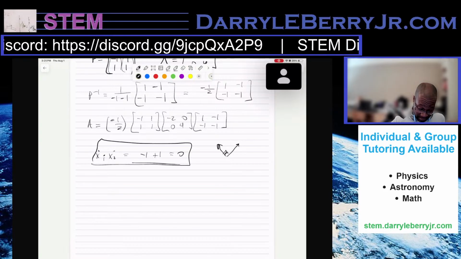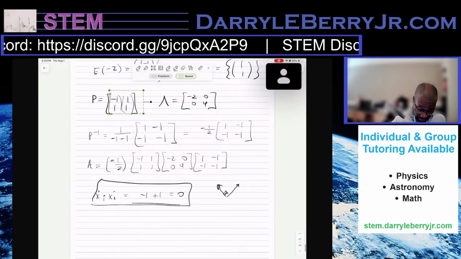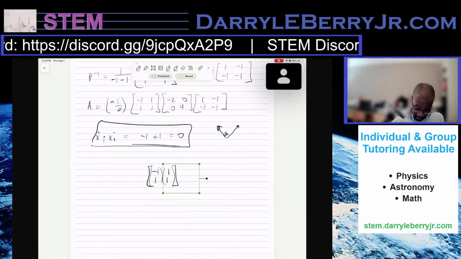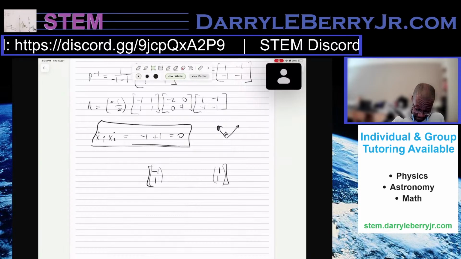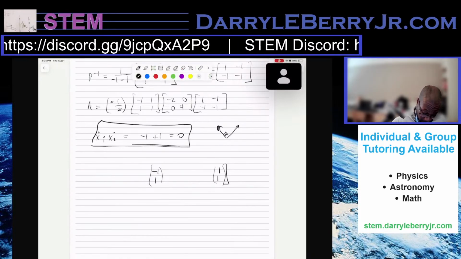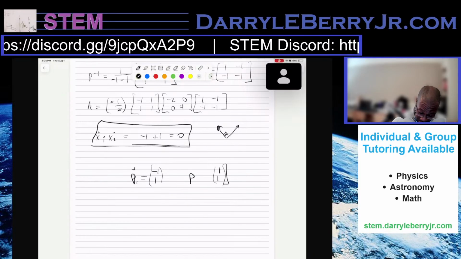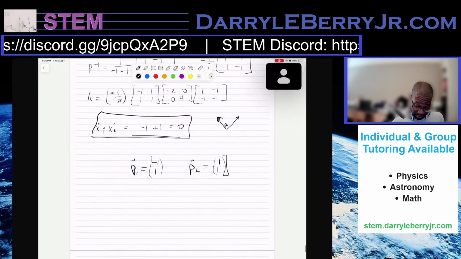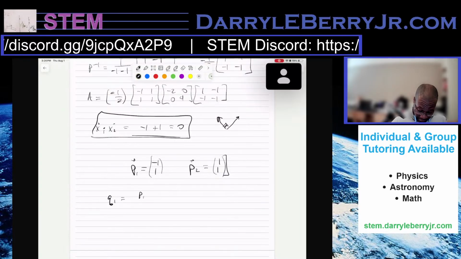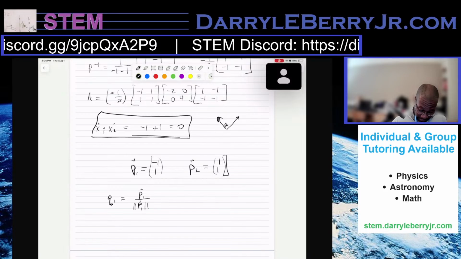So I'll copy this down for convenience and divide them up. This is my first one, this is my second one. We'll call this P1 and this P2.